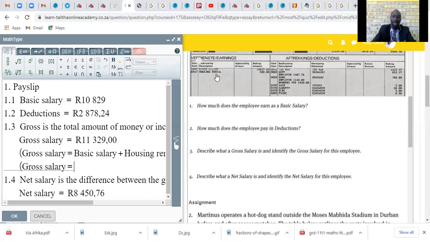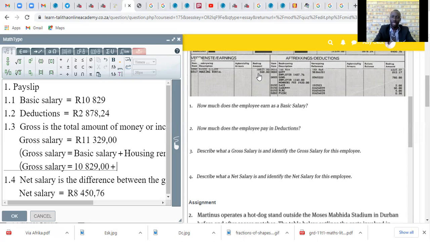Gross salary, basic salary is 10,829. So we write 10,829.00, okay? Now we have to add that to what? To housing rental, in case the gross salary was not given for us. If we are to calculate, this is the process we go through. We add the basic salary plus the housing rental for this pay slip.